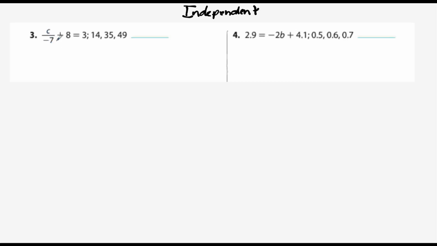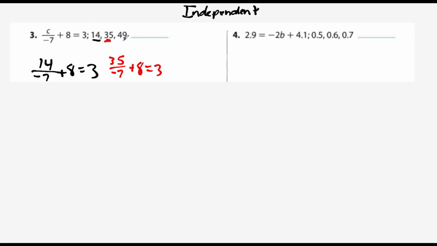So c divided by -7 plus 8 equals -3. We said we're going to rewrite this equation 3 times, only we're going to use 14 for c. So 14 over -7 plus 8 equals -3. And then we're going to look at 35. So we have 35 divided by -7 plus 8 equals -3.